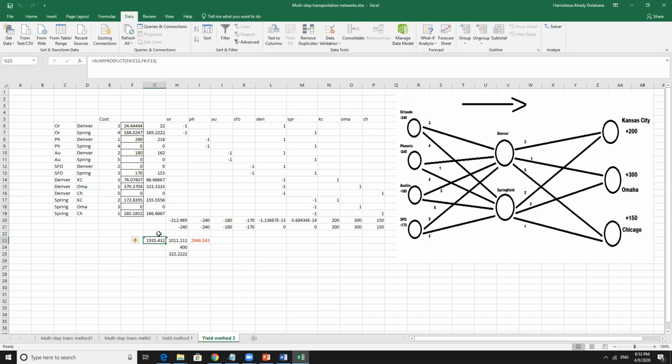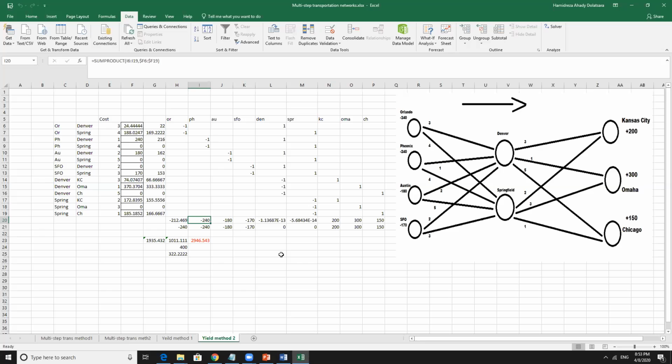You should consider the 0.9 as a change in the cost. The rest is almost the same, and you just let Excel run, and you get exactly the same answer.